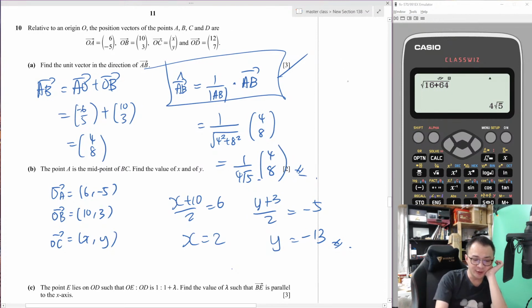Let me see. A is the midpoint of BC. B will be 10, 3. A will be 6, -5. Then C we do not know, but A is the midpoint of it, so C must be somewhere here.